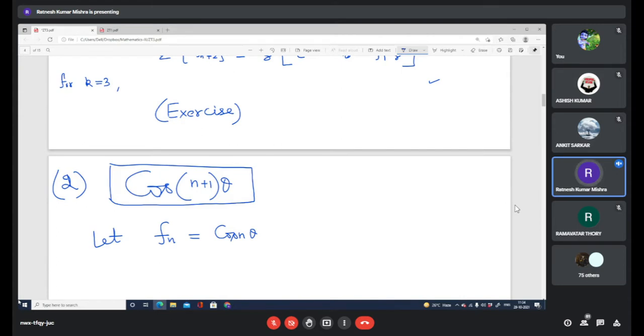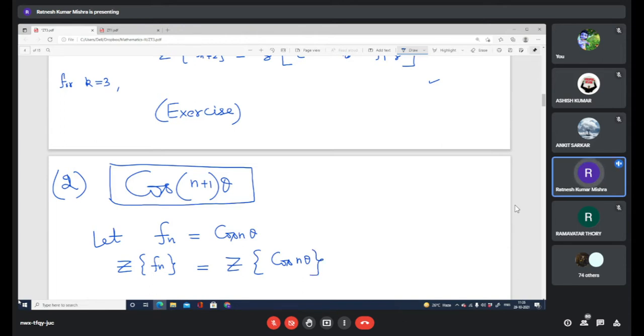So the Z transform of f(n), the Z transform of cos n theta.